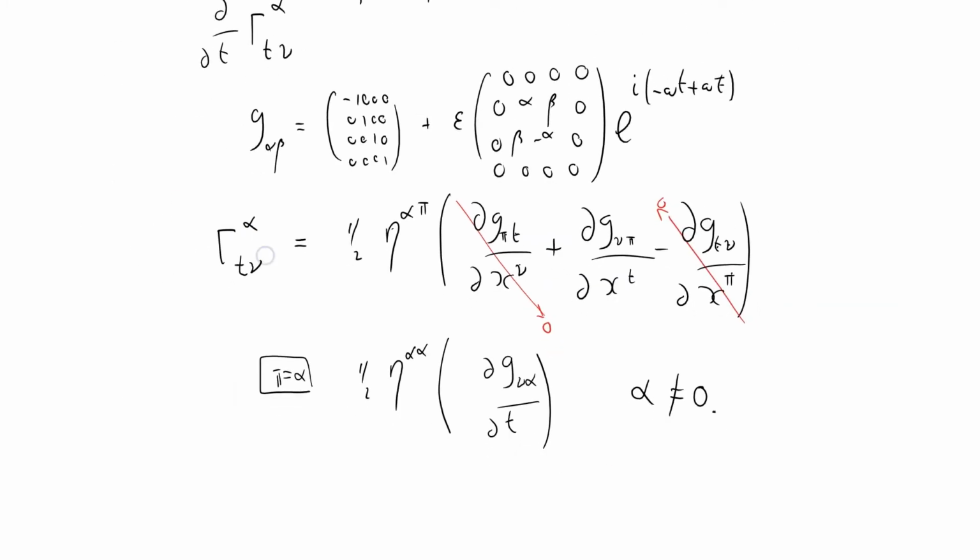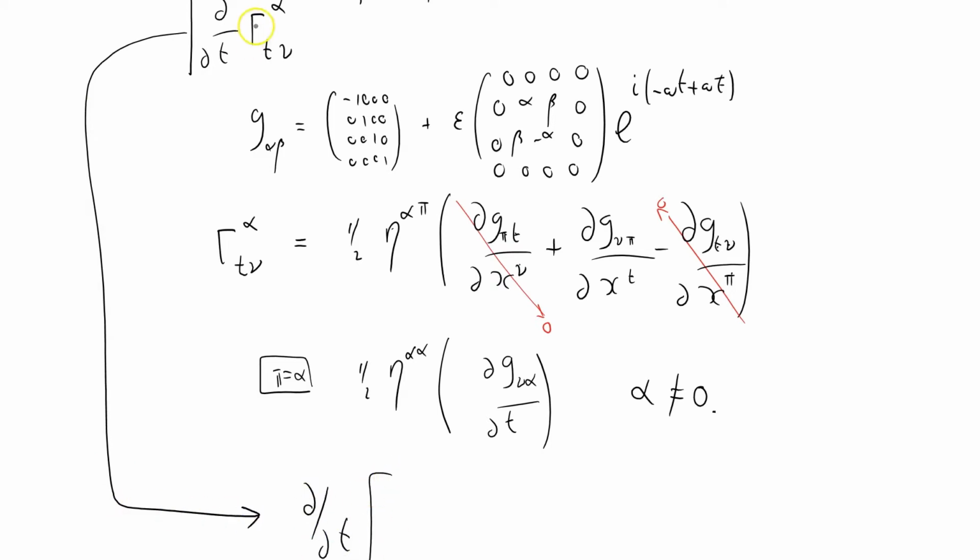So let me rewrite what we want, which is this thing here. We need ∂/∂t of the Christoffel symbol with time downstairs, alpha and nu, which is plus 1 times, because we know that alpha is not equal to 0, so we're in one of the coordinates 1, 2, 3. ∂/∂t of g_{να}. There we go.